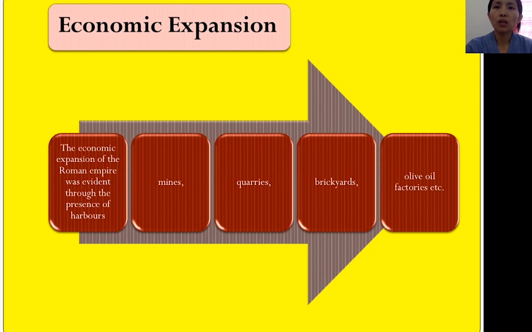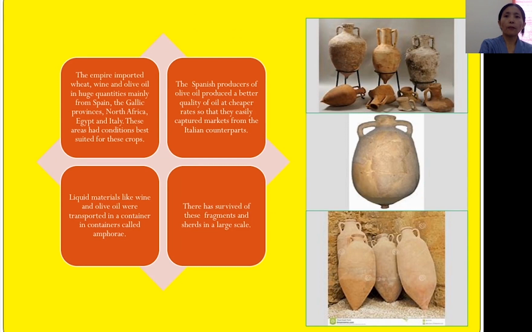Regarding economic expansion, the economic expansion of the Roman Empire was visible through the presence of harbors, mines, quarries, brickyards, olive oil factories, etc. The Roman Empire imported wheat, wine, and olive oil in huge quantities, mainly from Spain, the Gallic provinces, North Africa, Egypt, and Italy.